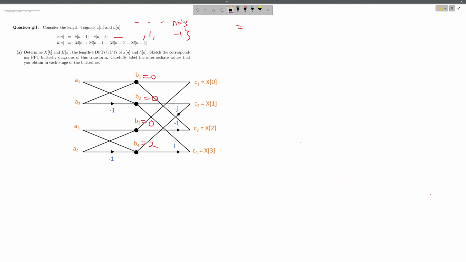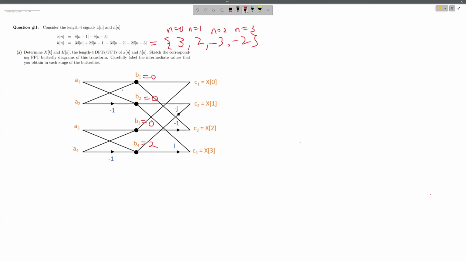Repeat the same thing. So I'm going to do h of n. I'm going to interpret that as a 4-point signal. So it's going to be 3, 2, -3, -2, with n equals 0, n equals 1, n equals 2, n equals 3.